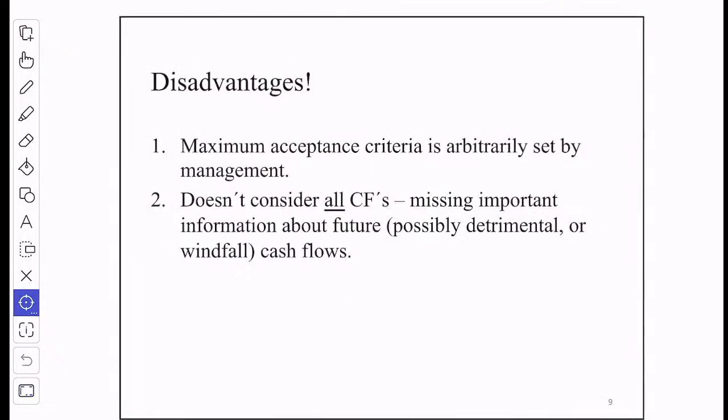What are the disadvantages? Even though it's so simple to do, first, the maximum acceptance criteria is arbitrarily set by the management. And second, it doesn't consider all cash flows. It may be missing important information about future, possibly detrimental or windfall cash flows. So it's another consideration. What if you are accepting the project because it pays back in 1.5 years, but in the third year we anticipate a huge loss?